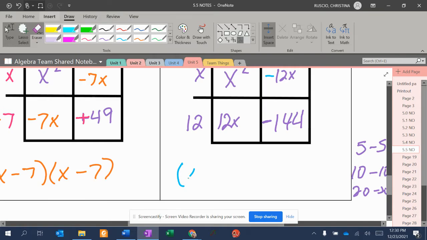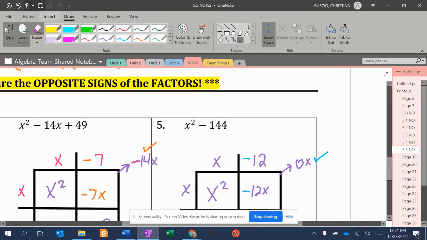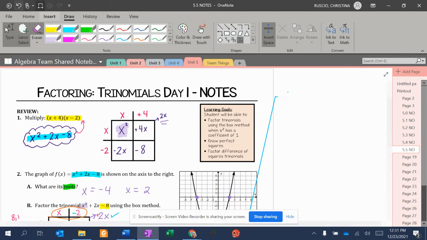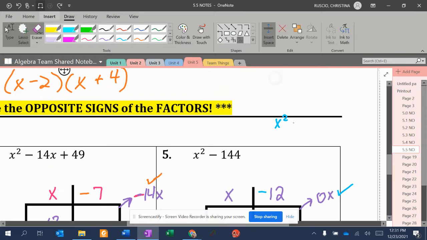So this is what we call the difference of perfect squares. And I'm just going to show you a few other ones that you might see. So 144 is a perfect square because 12 times 12 is 144. You might also see something written as x squared minus 9 because 3 times 3 is 9, or x squared minus 25 because 5 times 5 is 25.